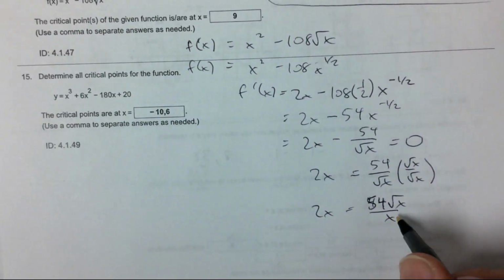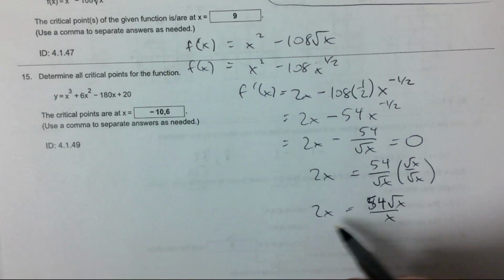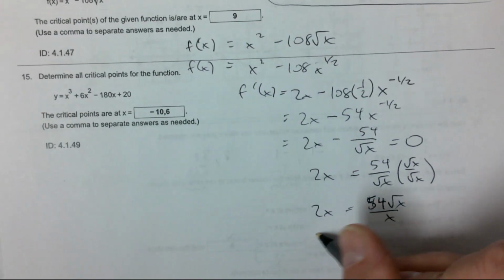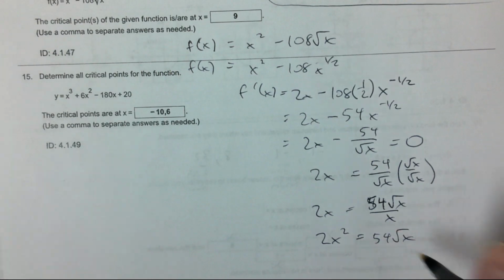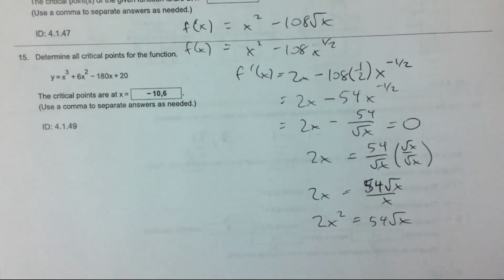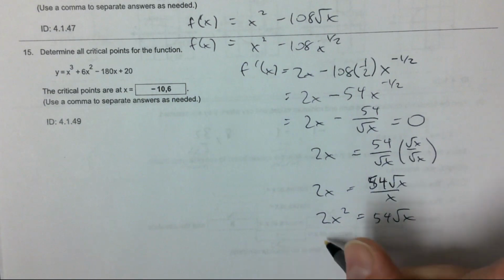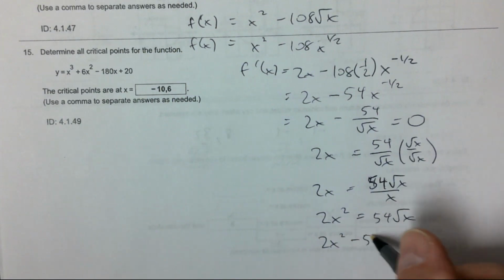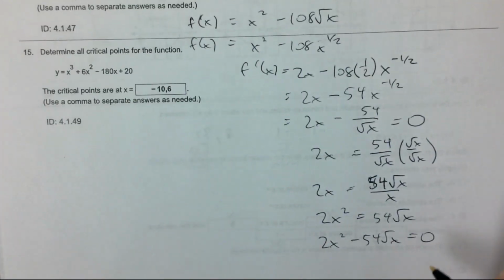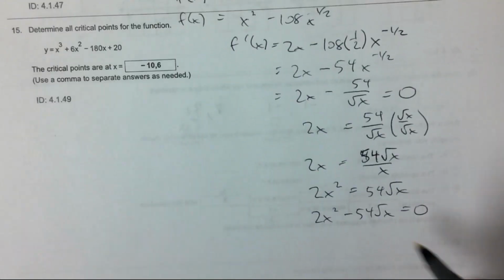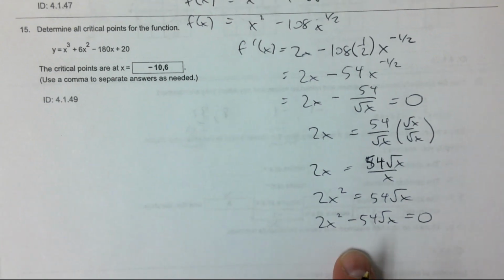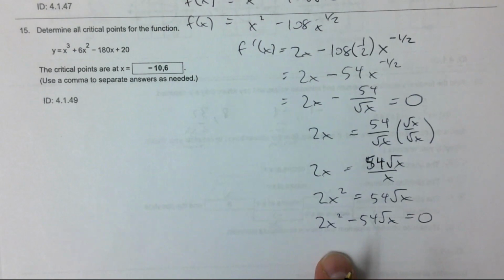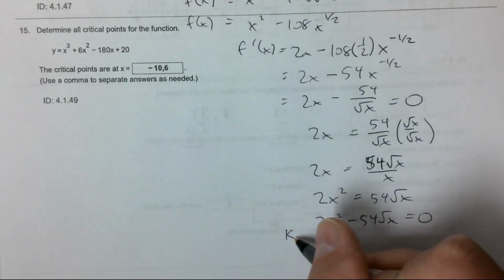You'd want to multiply by x to get rid of your denominator. And then you'd have 2x squared minus 54 square root of x equal to 0. Then you'd want to factor out, and this is getting to be a long problem if you do it this way. You may not want to do it that way. I'm just going to say keep going.